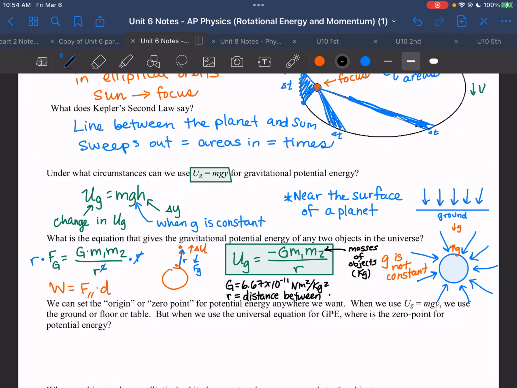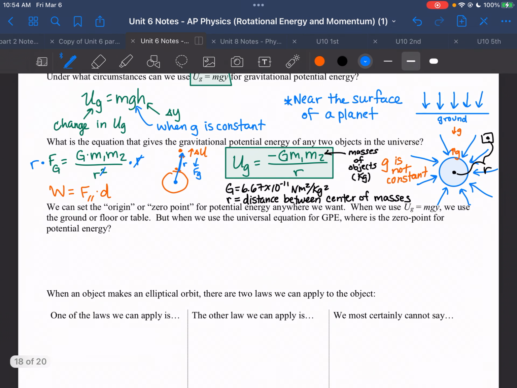Now it is between the centers of mass. So you have to look at the center of your object's mass to the center of your planet. That's our radius. Again, we're looking from the center to our object. That's our new equation.